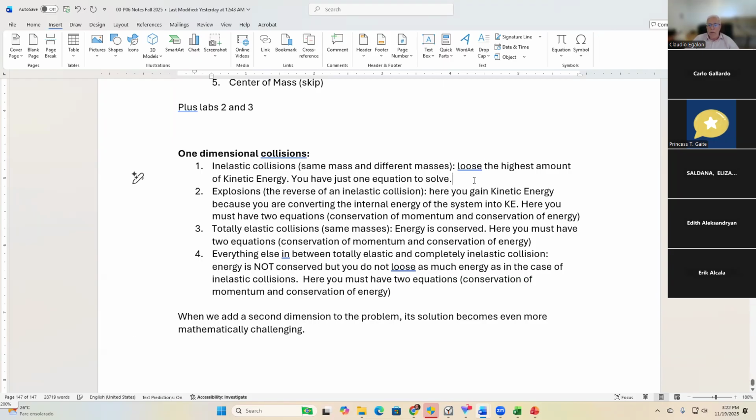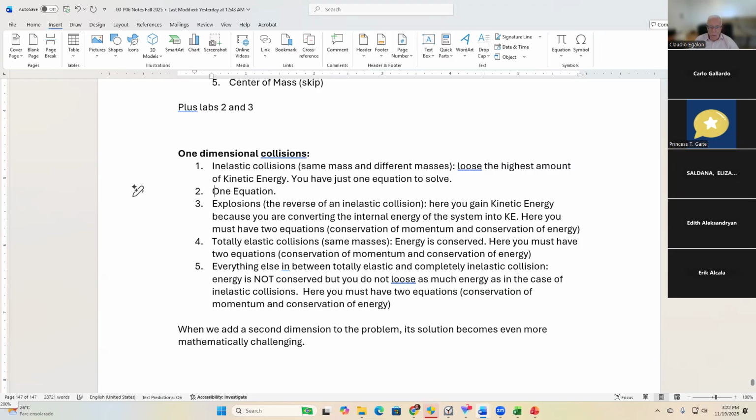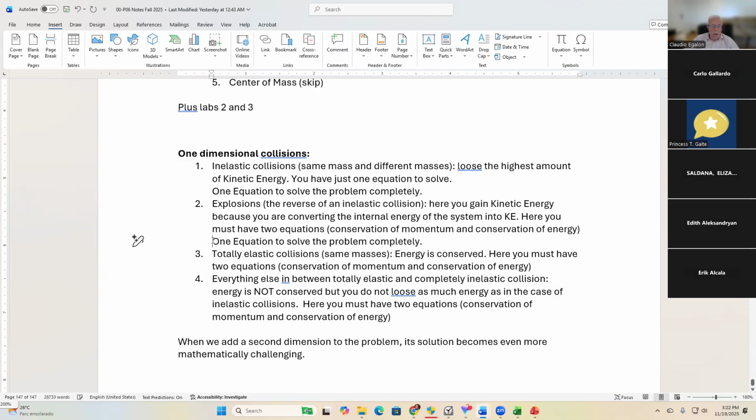In the case of inelastic collision, we have one equation to solve the problem completely. But now, when we start talking about explosions, we are talking about two equations to solve the problem completely.